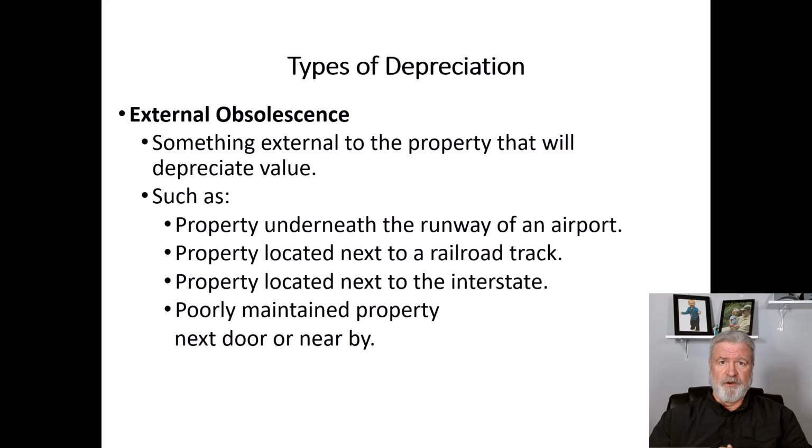Obviously, external obsolescence is what's going on around the property. Your next door neighbor could cause you problems here, right? They don't cut the grass, they don't maintain their yard, they don't maintain their house. I'm telling you that kind of stuff is considered an external obsolescence, and that's going to cause you some problems, at least in terms of value.